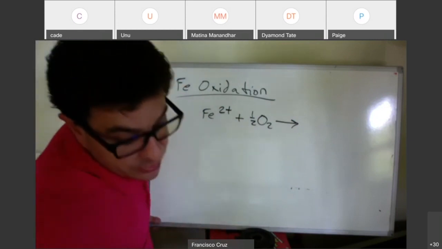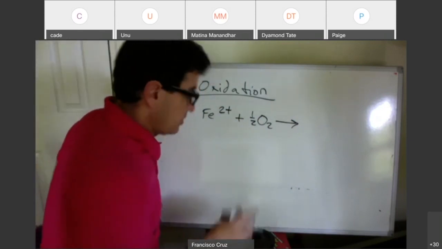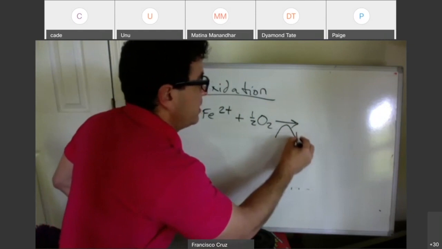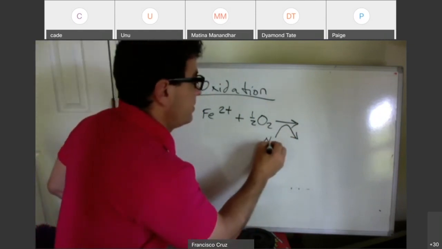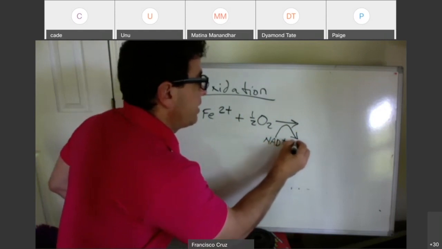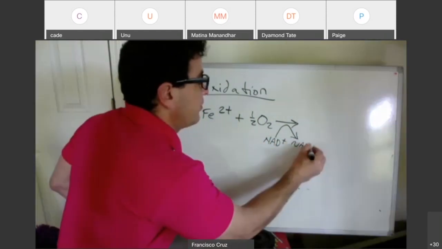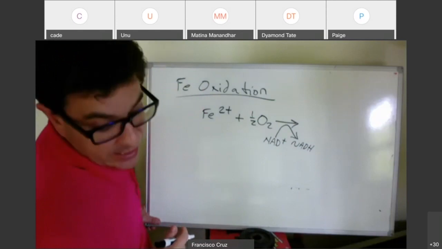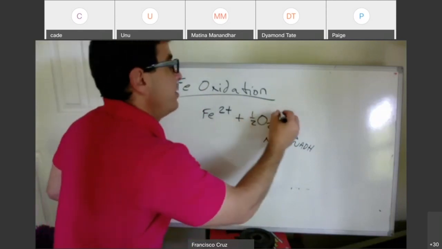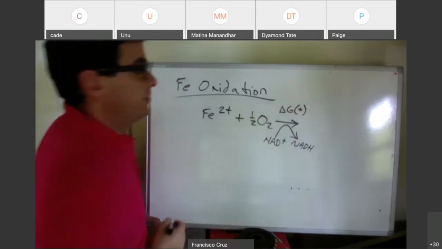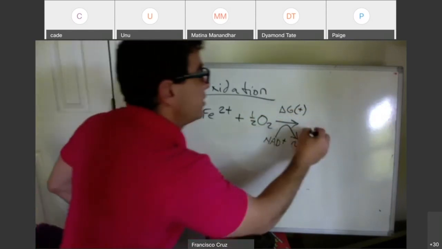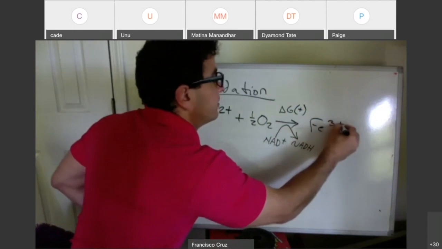Iron oxidation is interesting because it involves some tricky metabolism. We'll go over that in a minute. We make NAD to NADH, and the interesting thing here is that the delta G is positive. Super weird. So now we have iron 3+, okay?